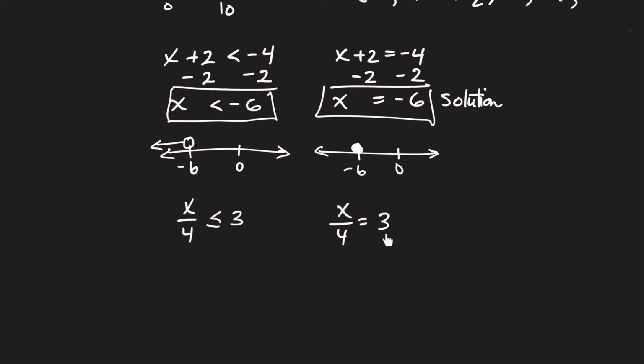Well, x is equal to 3 times 4, which is 12. And isn't that true? 12 divided by 4 is equal to 3. We would do the same thing for the inequality. We would have x is less than or equal to 3 times 4, so it's this exact same thing going on, and we have x is less than or equal to 12.